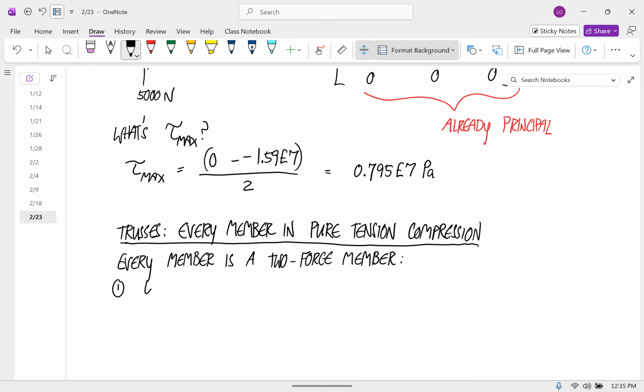The first one is that the weight has to be negligible for each one of these members. And second, all forces have to be applied at the joints.